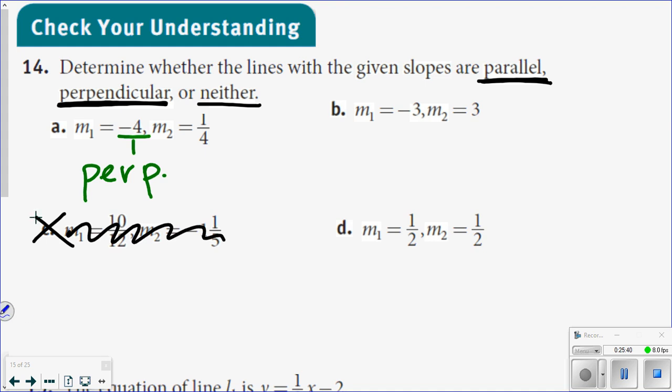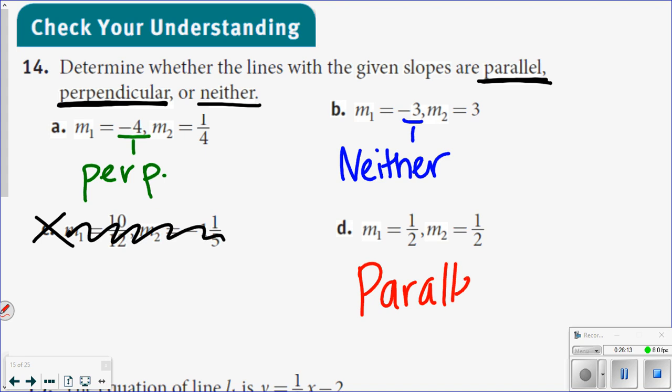So if this is a -3 divided by 1, the second slope would have to be a 1/3 in order for them to be perpendicular, and it's not. So letter B is neither. They're not reciprocals of each other. Question D. Ooh, these are identical, 1/2 and 1/2. So that means they are parallel. Good job.